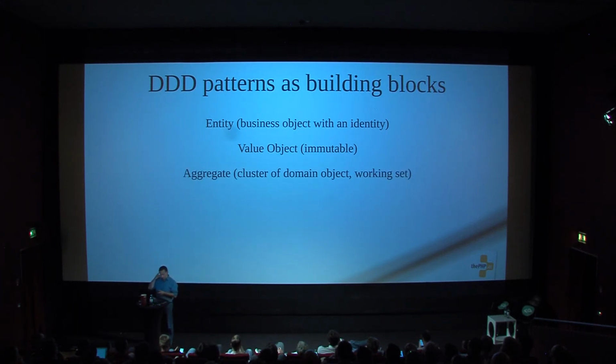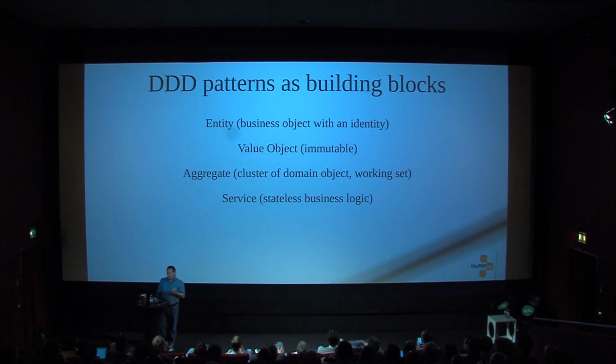You have an aggregate, which is a cluster of domain objects. I love that concept because it's a working set. It clearly defines this is the bunch of objects that I need to work a certain use case. And I will not have to deal with eager loading and lazy loading in my ORM. That's the working set. And I have to clearly define that working set up front. That's why I love aggregates. And we have services, which is stateless business logic that wouldn't really fit into any of the other categories.